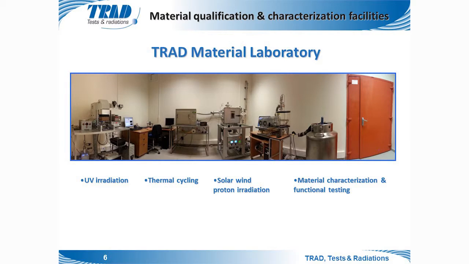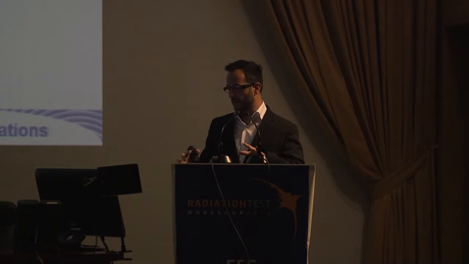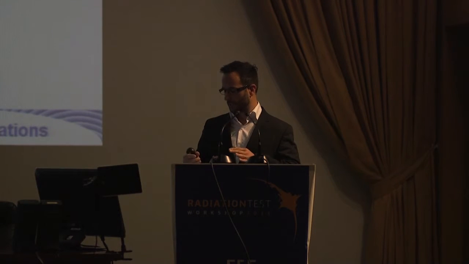You can see here a picture of the dedicated laboratory for testing material at TRAD. As you can note on the picture, there is several equipment to perform tests on material.